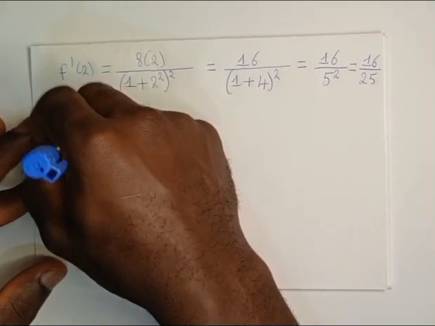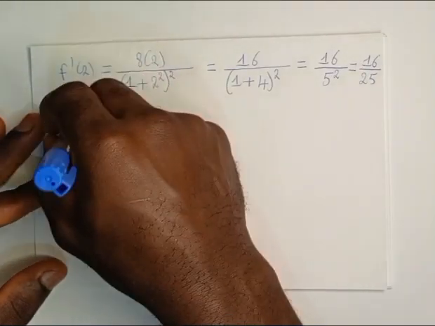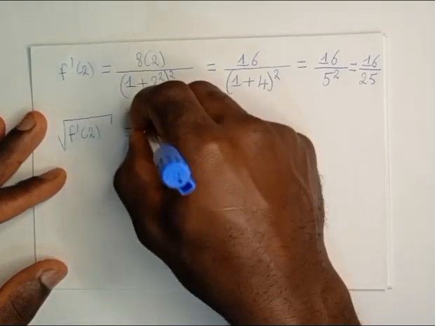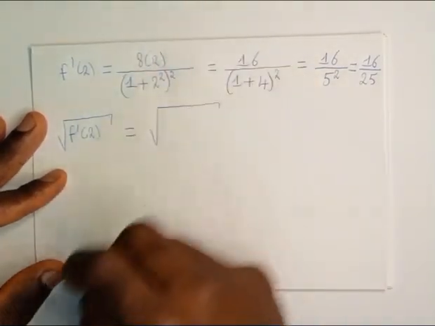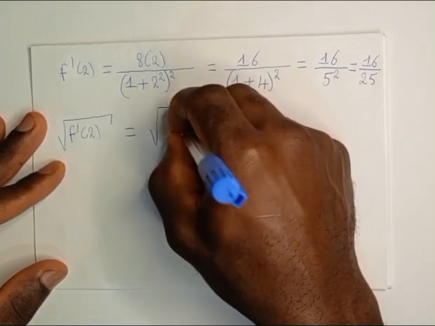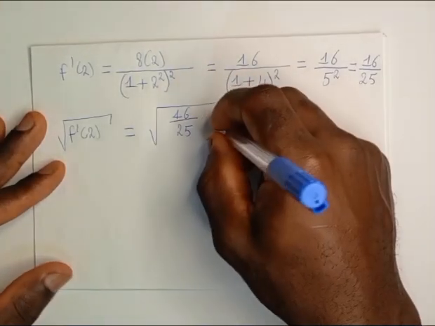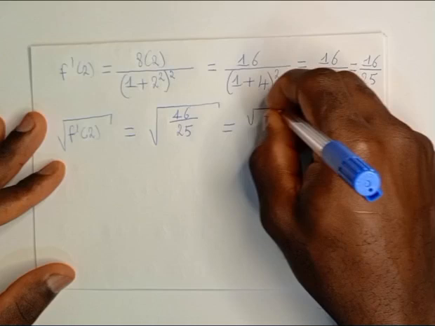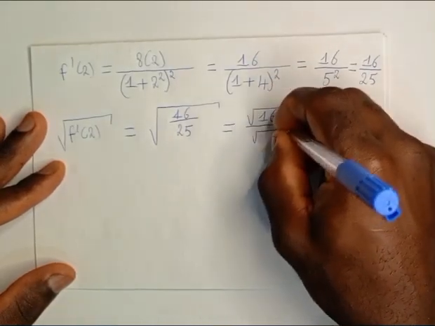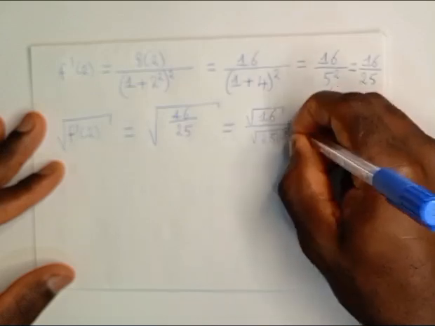We need the square root of f prime of 2. It will simply be equal to the square root of 16 all over 25, which we can break as the square root of 16 all over the square root of 25.